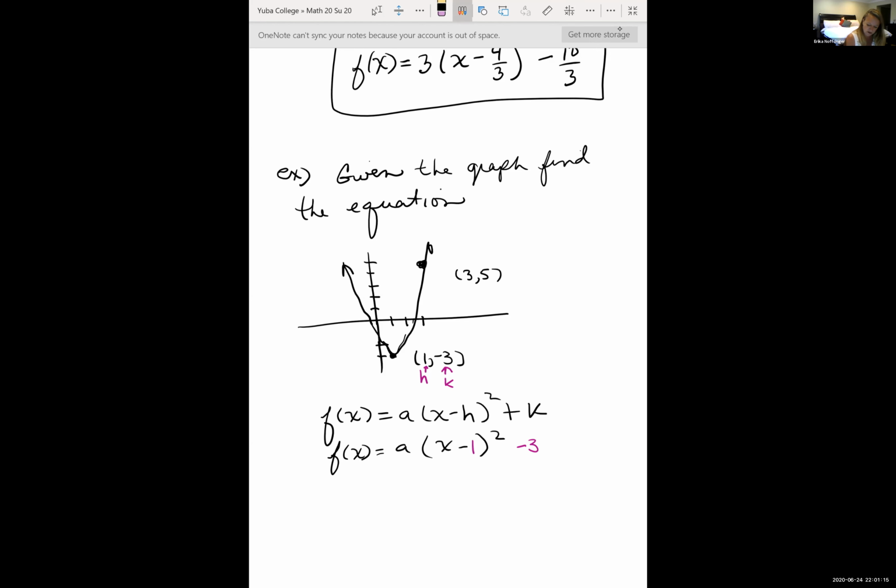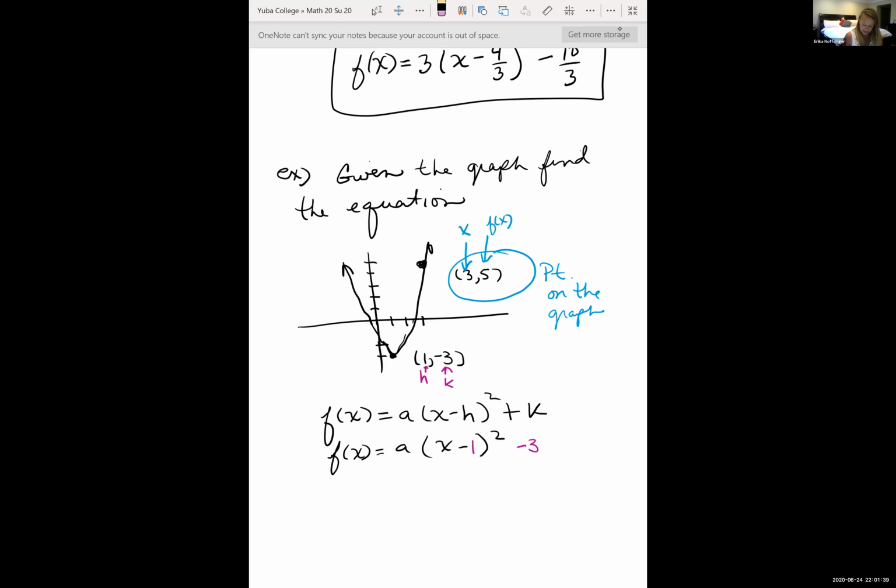But we also have another piece of information. We know that this is a point on the graph. So we know that this has to be a true statement when x is 3, y is 5. Another way to write y is f of x.